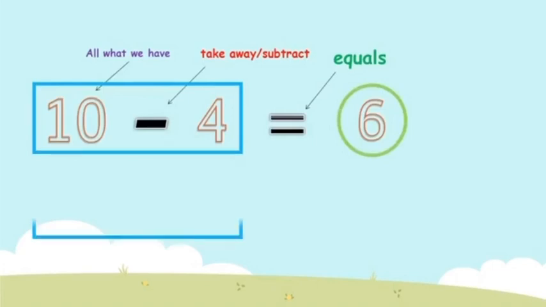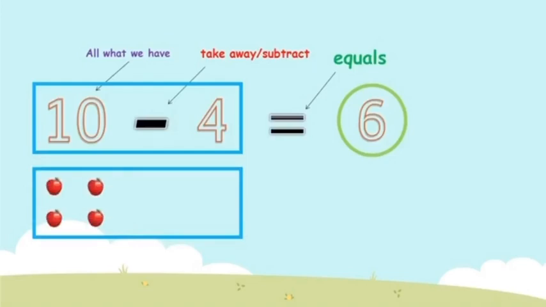We can show this equation on a picture. We draw 10 apples. 1, 2, 3, 4, 5, 6, 7, 8, 9, and 10. So we have 10 apples, and we're going to cross out 4 apples.